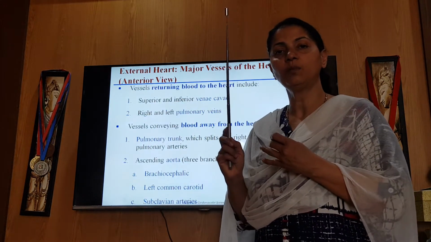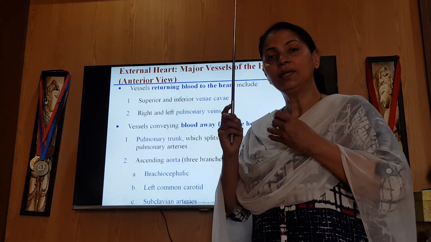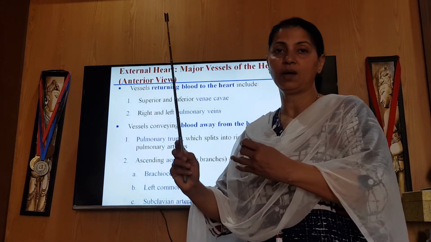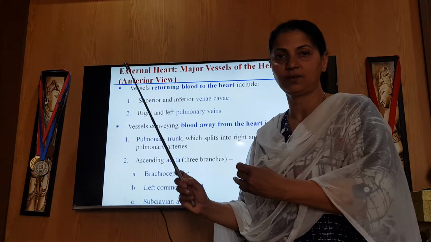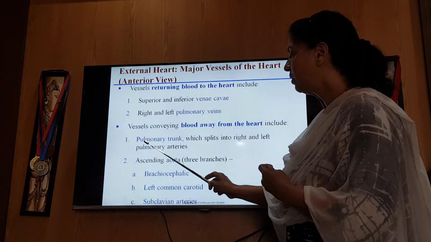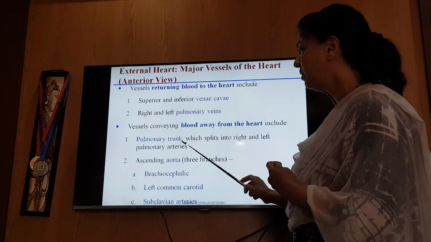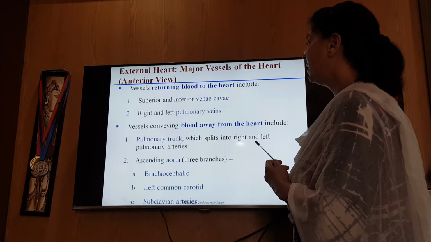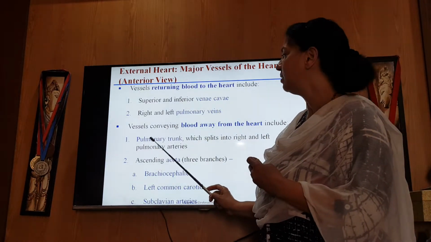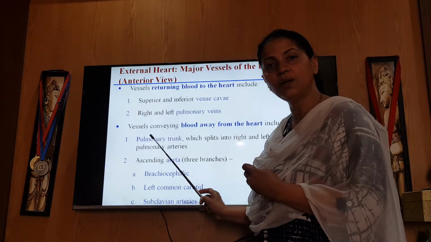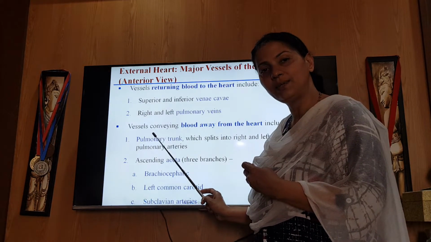So when we talk about the large blood vessels taking blood away from the heart, we will talk about the right side first. On the right side you will find the pulmonary trunk, which splits into right and left pulmonary artery, and this is going to start from the right ventricle.